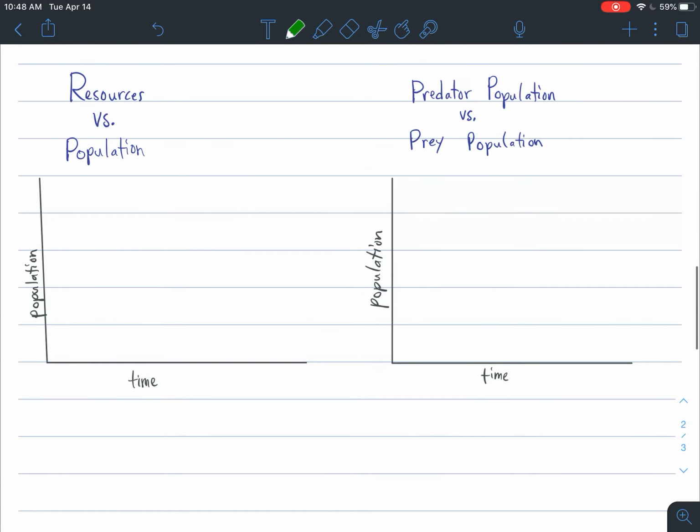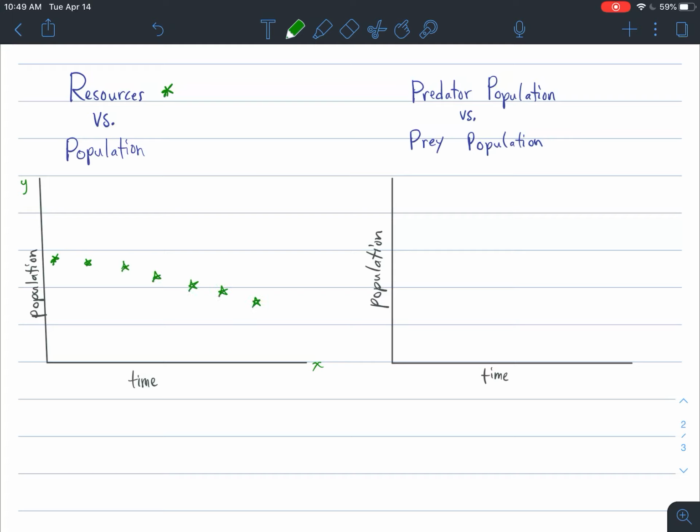All right, let's take a look and draw a couple graphs here to show what typically happens in an ecosystem. So if we think about resources in an ecosystem, I'm going to use a star to demonstrate this. If we have time and population, time is on our x-axis and population is on our y-axis. As time goes on, let's say that the number of resources is really high, but it starts to decline.